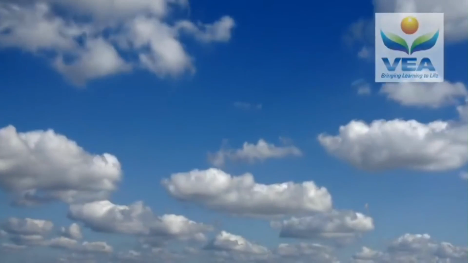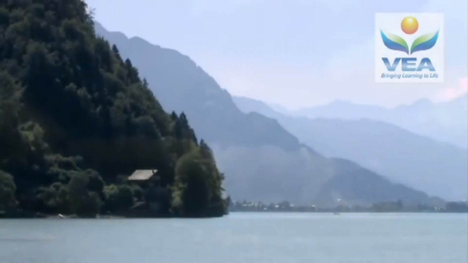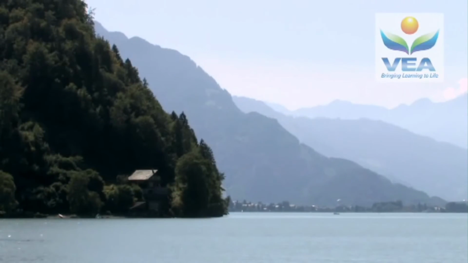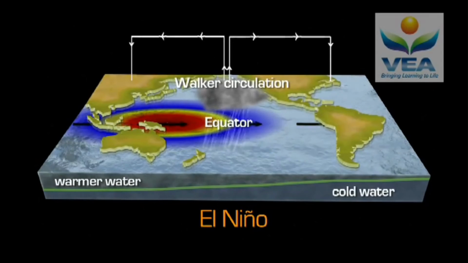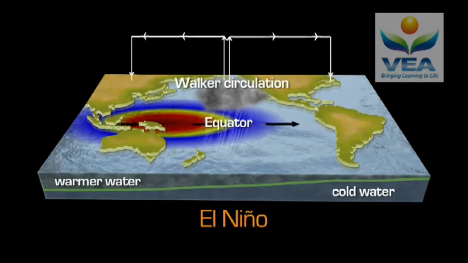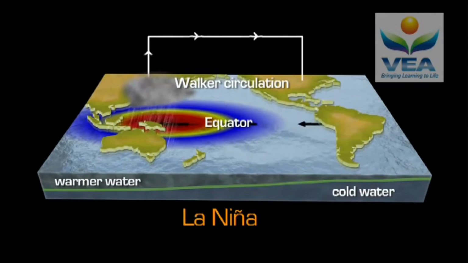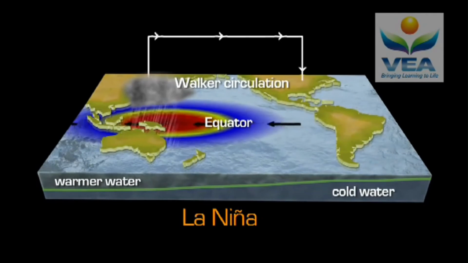It occurs as a result of the periodic warming and cooling of the ocean's surface. The effect produced by warm currents is called El Niño, and the effect caused by cooler currents is called La Niña.